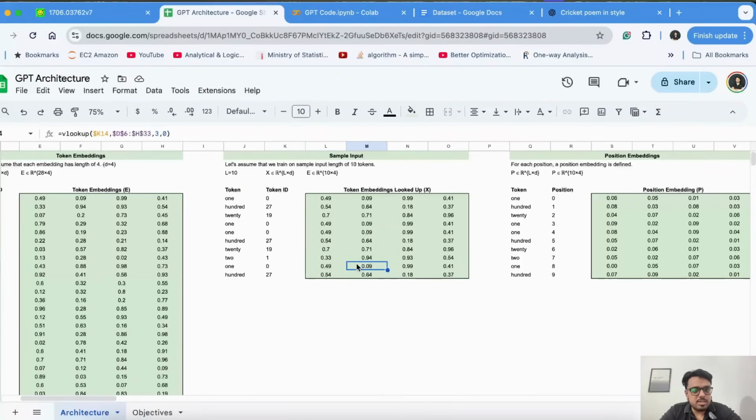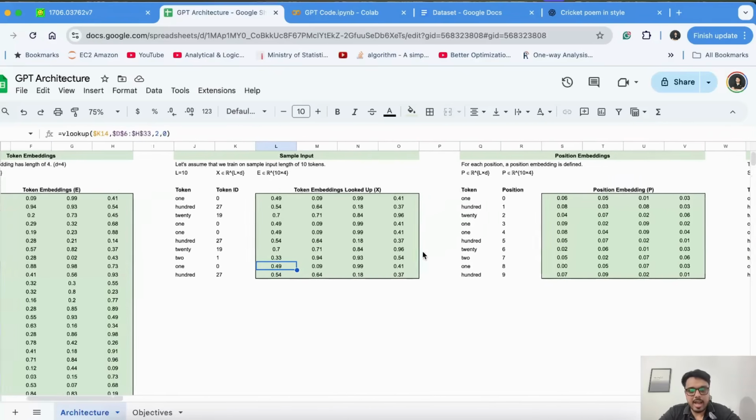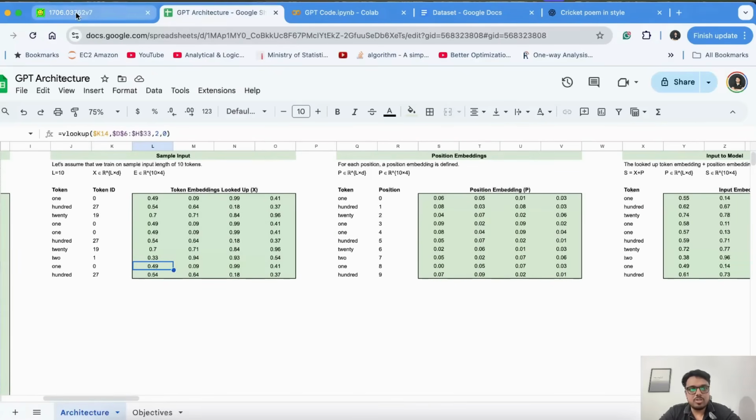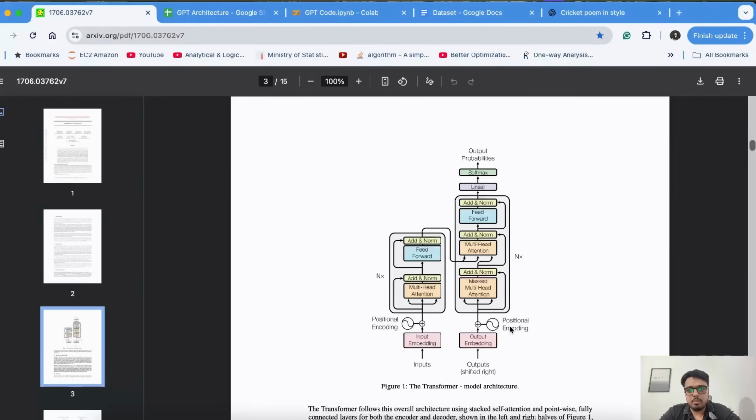Now, once the token embeddings are sorted, the next phase is to provide positional encoding.